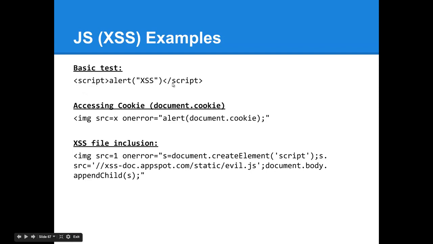A second example is one that accesses cookie. As an alternative to the script generic tag, you can do it within an image tag and using an HTML event. For instance, providing an invalid URI for an image or a media file, and then providing an HTML event for the error: upon the error of not loading this, perform the following JavaScript.